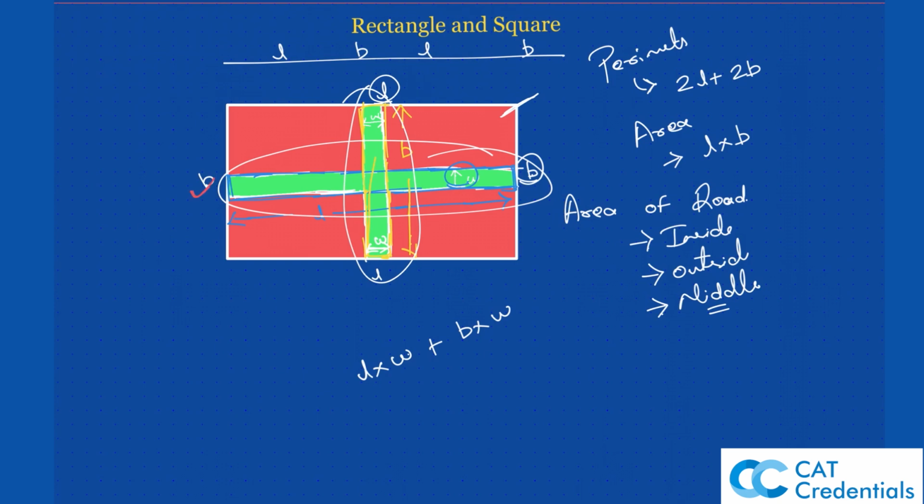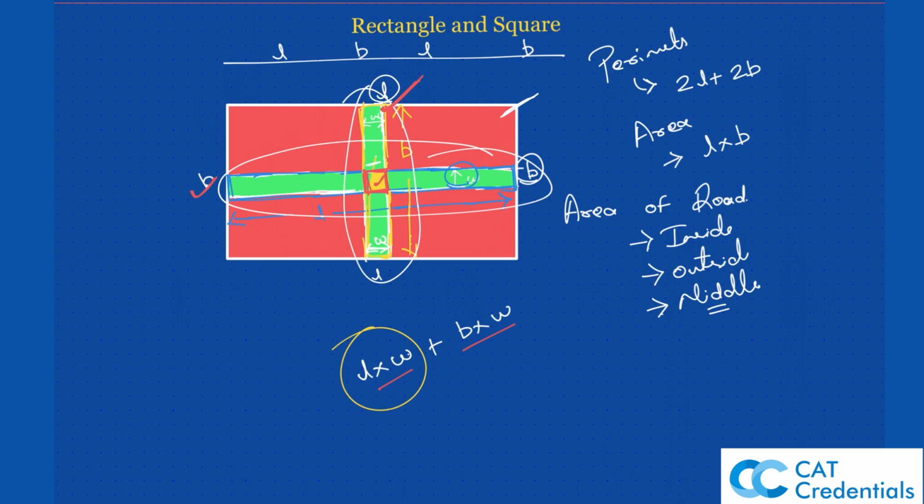You took this yellow part while taking L into W, but you took this yellow part again while taking B into W. So this part is repeated twice. That's why you will get an increased area.